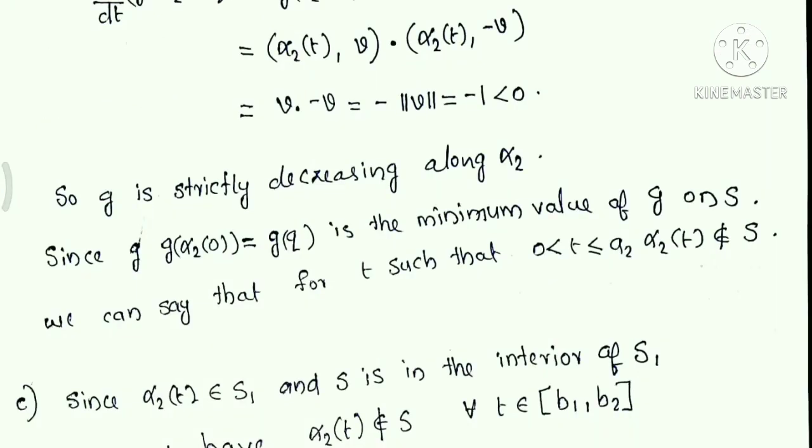Since these three curves do not lie in S, we can say that the curve alpha does not belong to S for t belongs to the open interval (a, b), and this function alpha is the required map. So we proved the existence of the continuous function alpha from the closed interval [a, b] into R^(n+1).